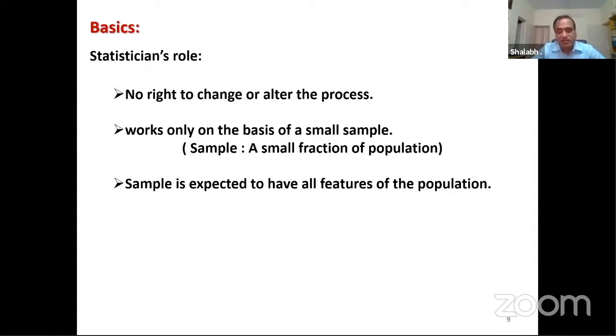Secondly, the statistician has to work only on the basis of a small sample, right? A sample is a small fraction of the population, and we believe that the sample has all the salient features present in the population. That is our basic assumption.